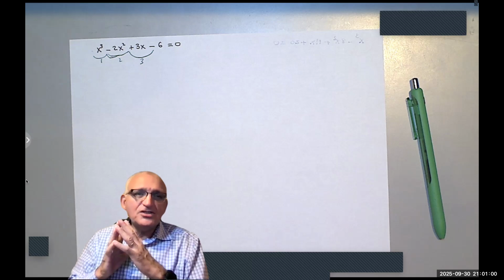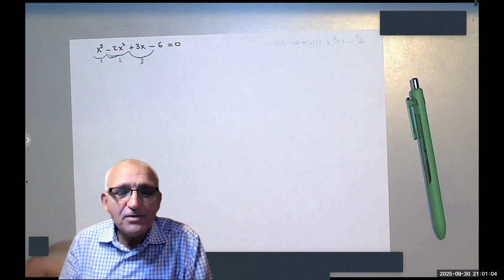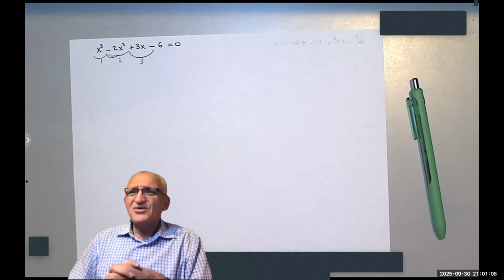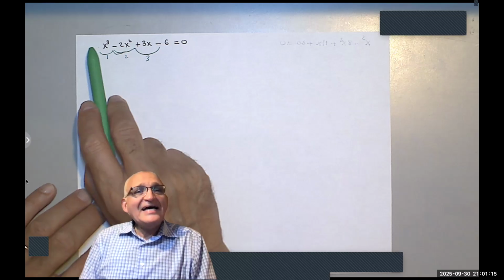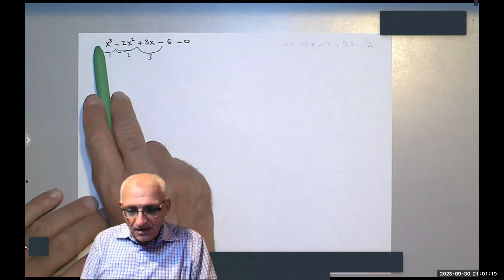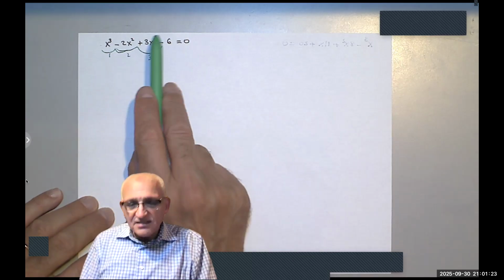Something else we also need to check. Sometimes you can simplify the problem by checking to see if 1 is a root. How can 1 be a root? Very simple. If you add all the coefficients here, I have a 1, minus 2 is negative 1, plus 3 is positive 2, minus 6 is negative 4.